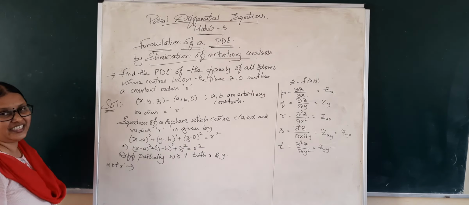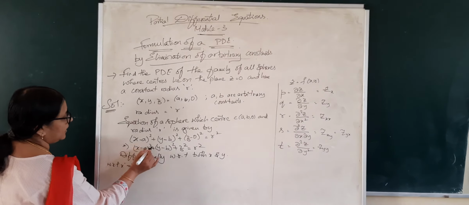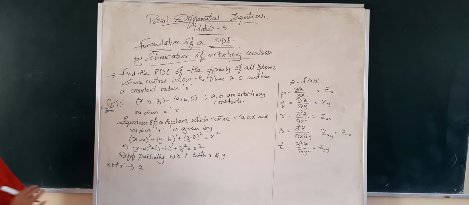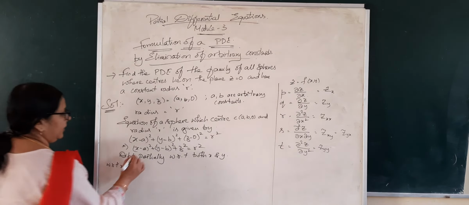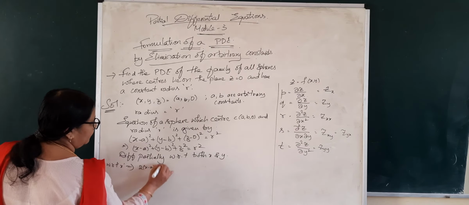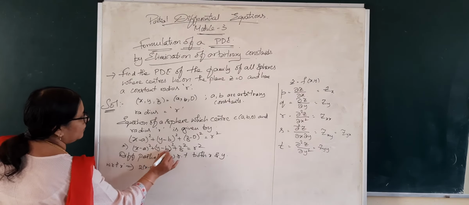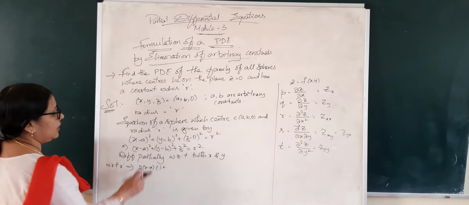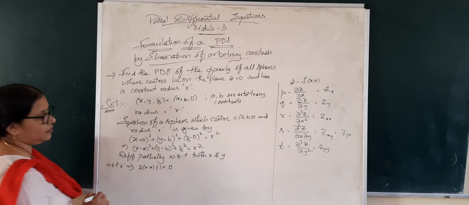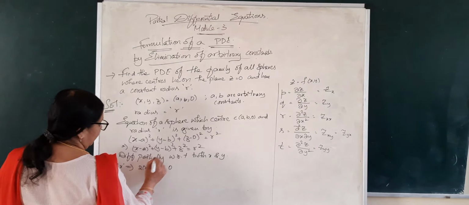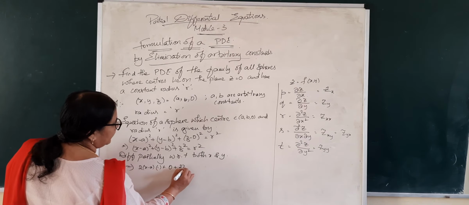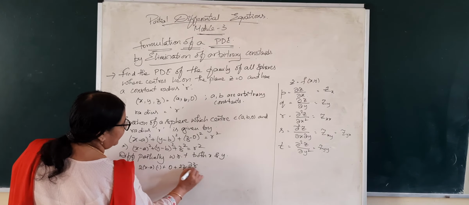With respect to x treating y as constant, derivative of (x minus a) the whole square, like the derivative of x square, is 2x, same here, but we have to apply chain rule. 2 times (x minus a) into derivative of (x minus a), which is 1, plus this entire term is independent of x. Therefore, the partial derivative of y square with respect to x is treated as 0 because y is a constant here while differentiating with respect to x.